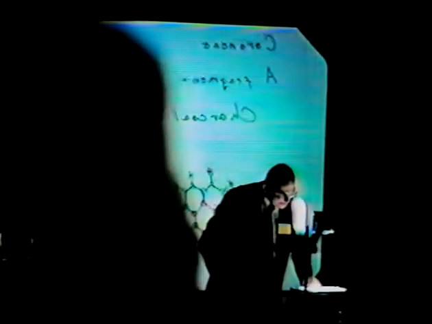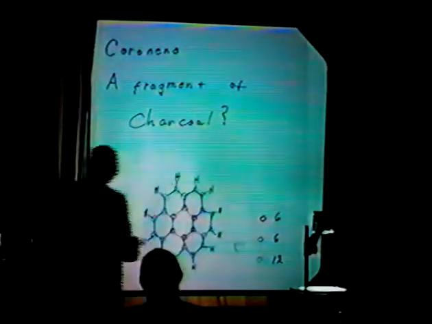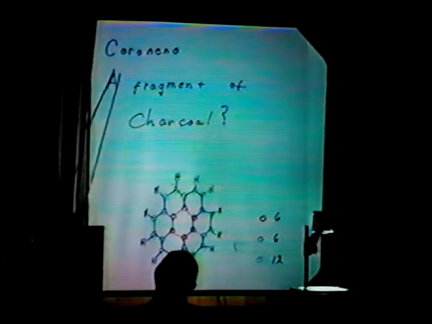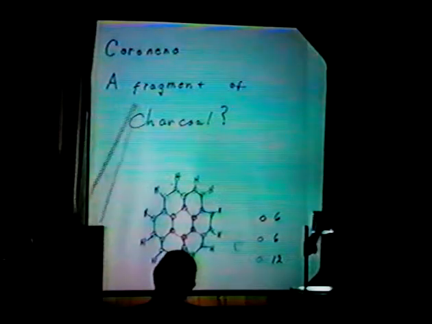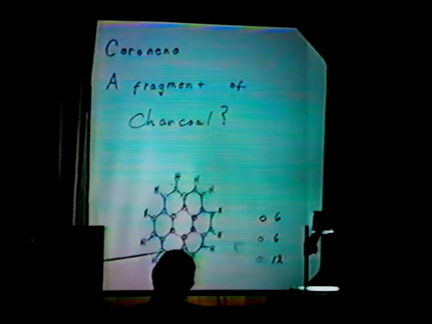Well, I'm going on to another model of charcoal system, and I'm really getting basic here, I guess. I could try coronene and say this is a fragment of charcoal. This is about the smallest piece of charcoal that you can really have.